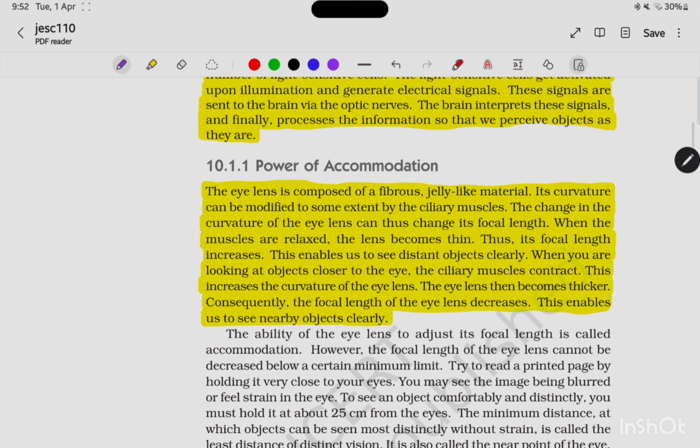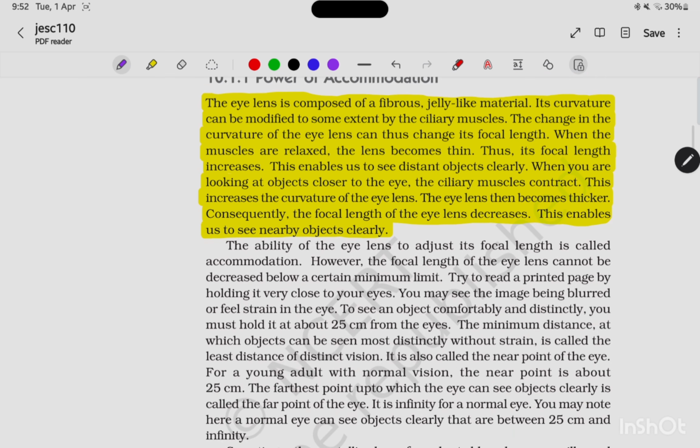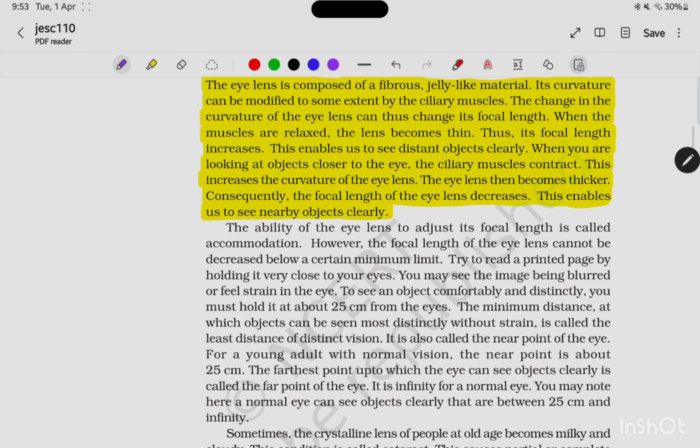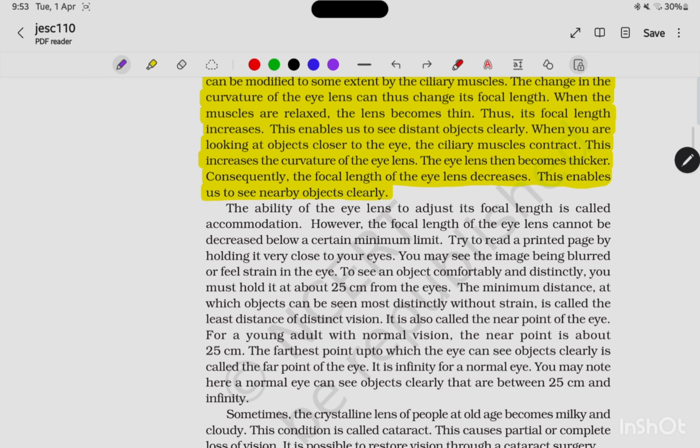Now, one thing that I have observed is that this paragraph can lead to some confusion. Okay, by reading this, you will not understand how when the lens becomes thin, its focal length increases. If a lens is thin, most people would think its focal length is supposed to decrease.